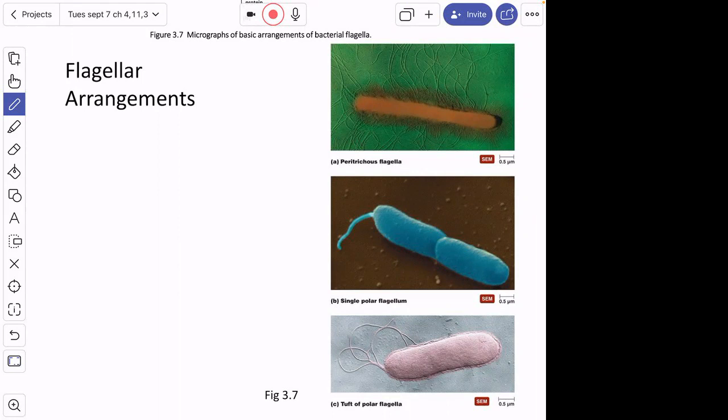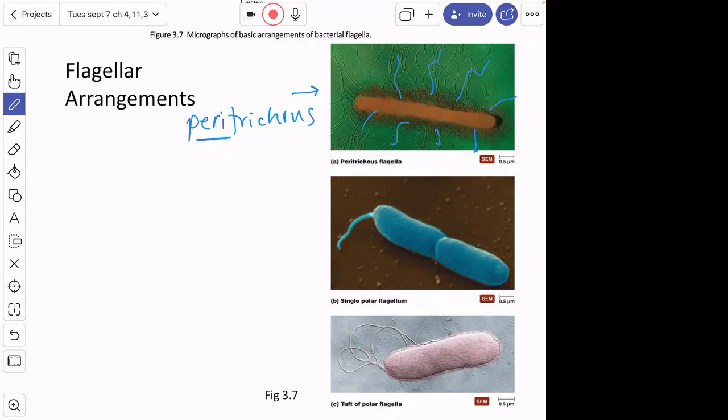If the organism, this on the top picture here, it's kind of hard to see those flagella. It's a scanning electron micrograph, but this has flagella all over the body of the cell. So I'm going to write this a little bit bigger, peritrichous. Okay, that prefix peri means all around.